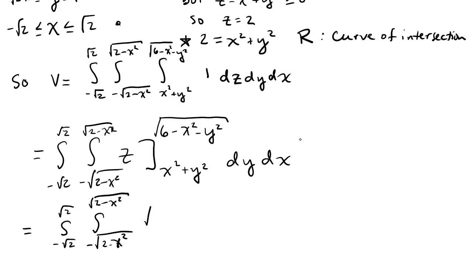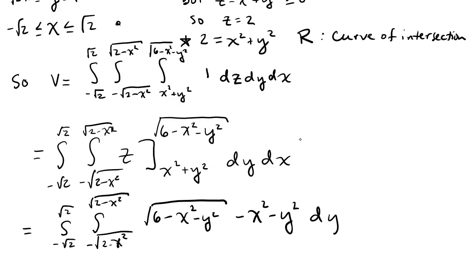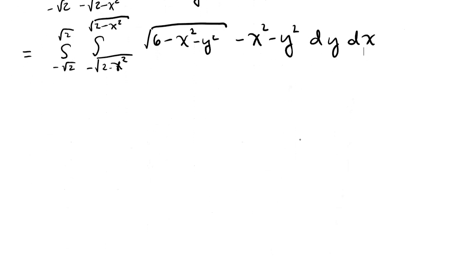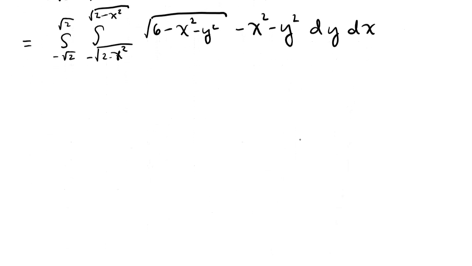So we're going to have the square root of 6 minus x squared minus y squared, and then we're going to subtract off x squared plus y squared, and this is dy dx. Okay, not the most beautiful looking integral, but something we notice from it is, again, it's very circular in nature.